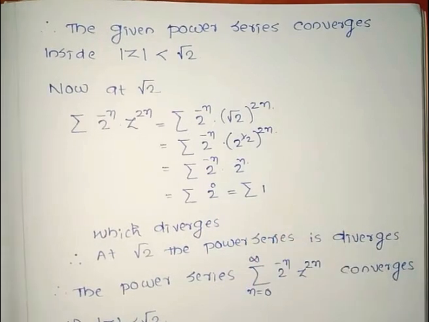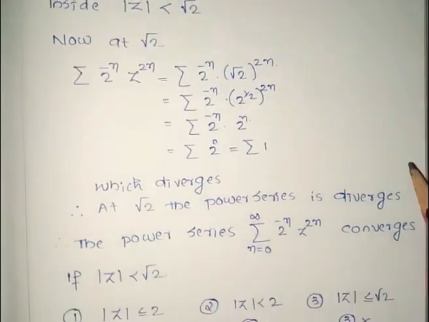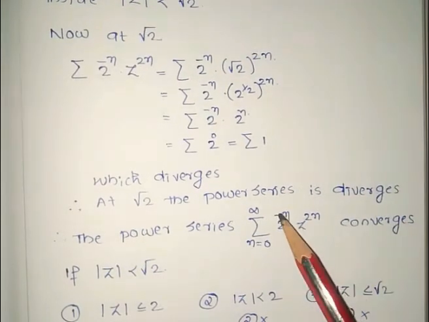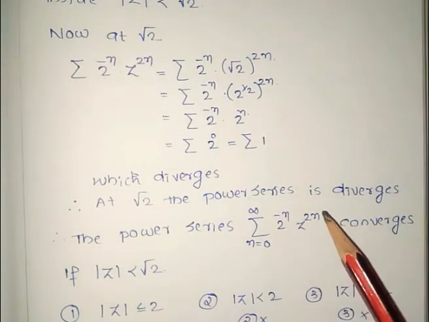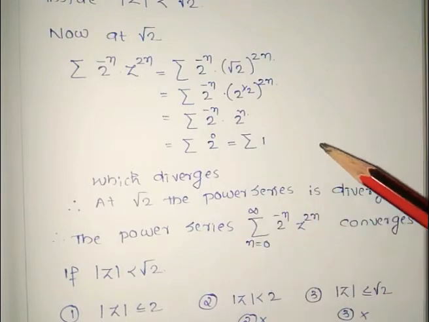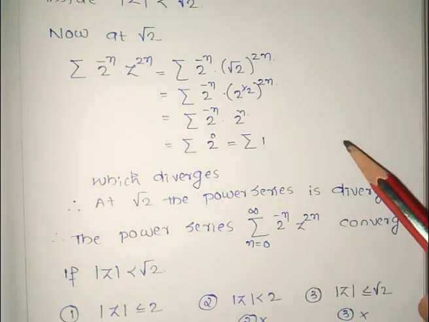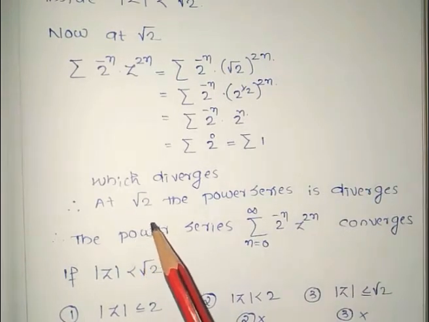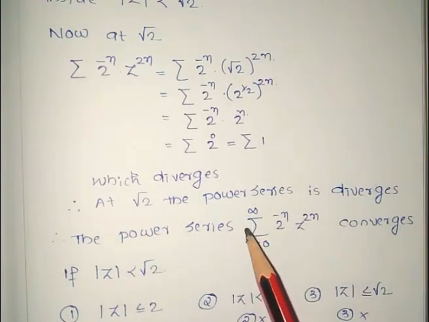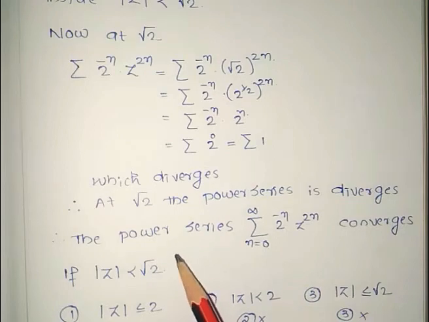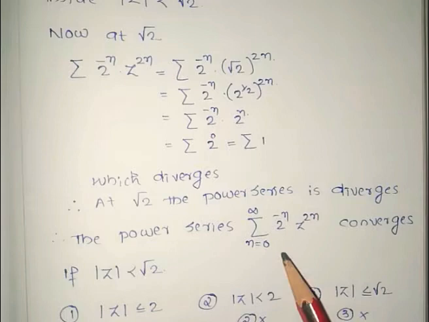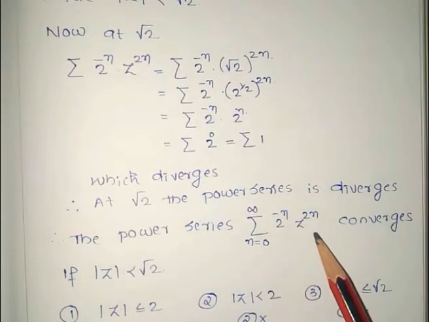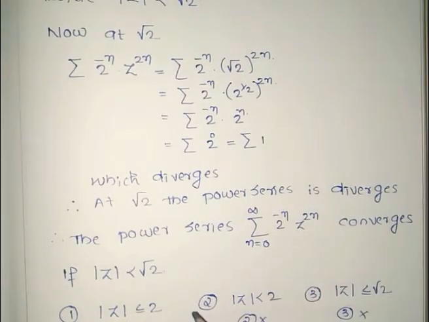And we know that summation 1 diverges. Therefore at root 2 the power series diverges. We were checking whether at the point root 2 the given power series converges or not, and we get that it diverges. Therefore we can say that the power series summation n ranging from 0 to infinity 2 raised to minus n z power 2n converges if mod z less than root 2.